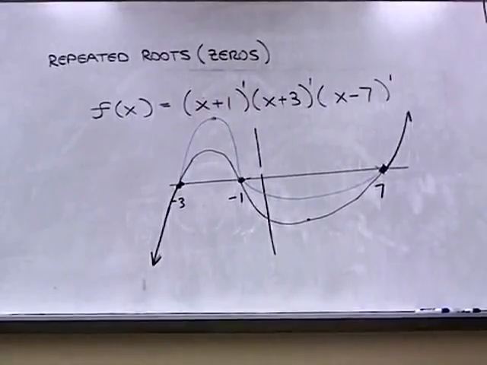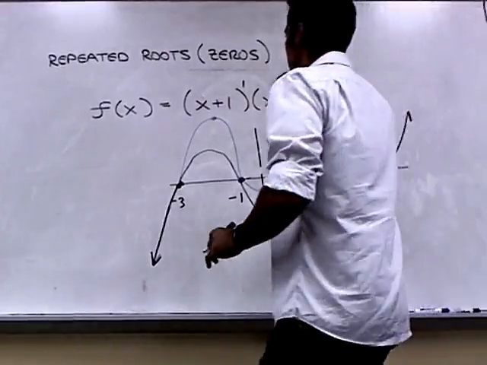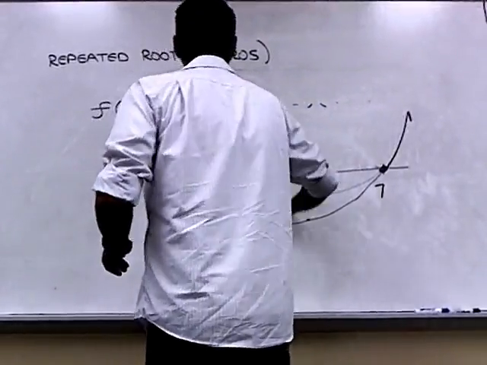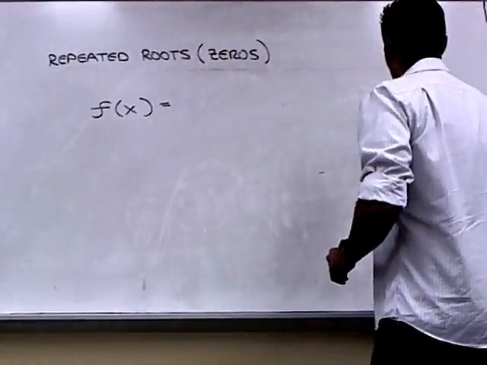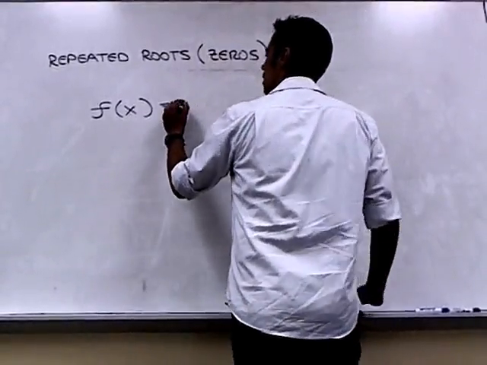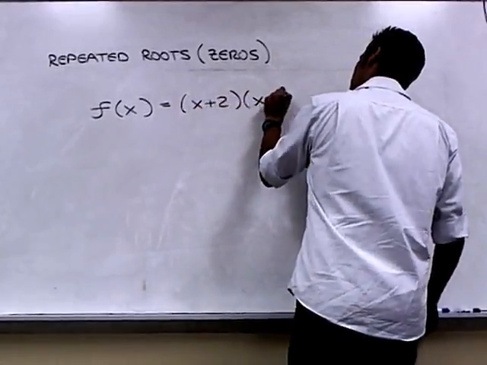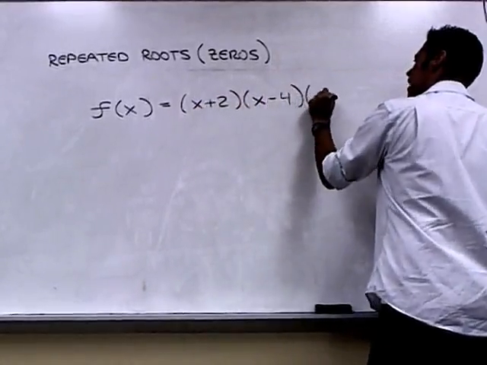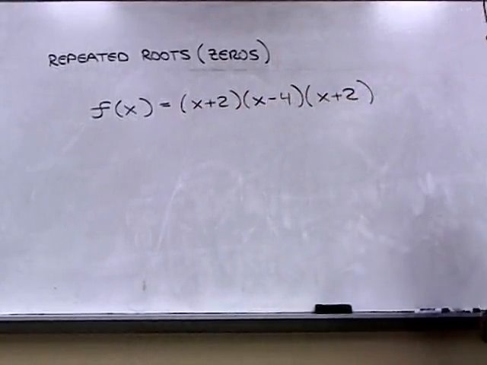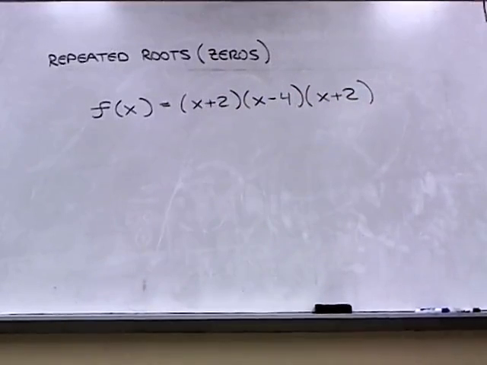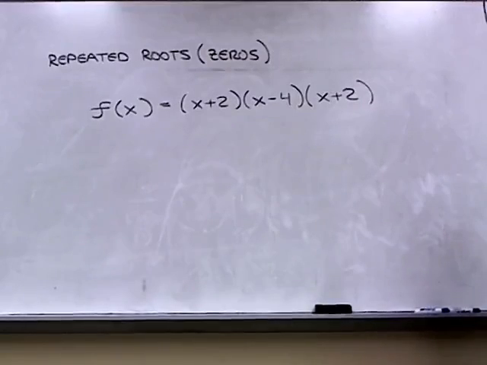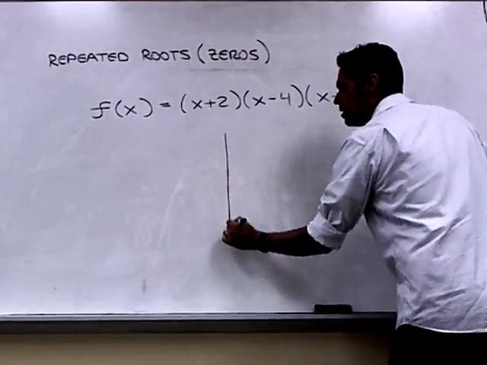Okay, so let's do another one of these before I give you the formal definition. What if I had x plus 2 times x minus 4 times x plus 2? I started out with the function, I factored it, and I got that. So where would I have x-intercepts?